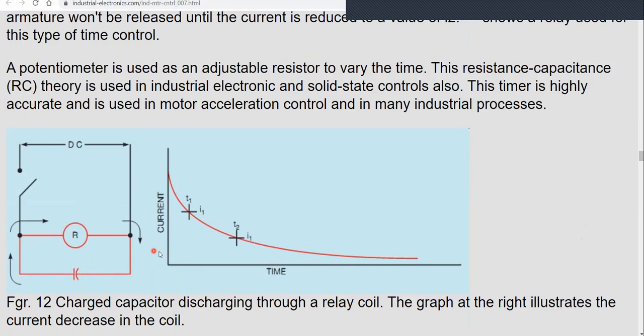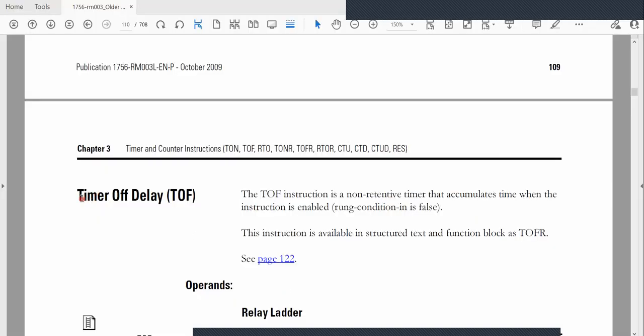All right. So this is so far about the timer relay, the physical timer. From now on, I'm going to talk about the equivalent function in PLC, which is the TOF instruction. This is the manual from Rockwell about the instruction.